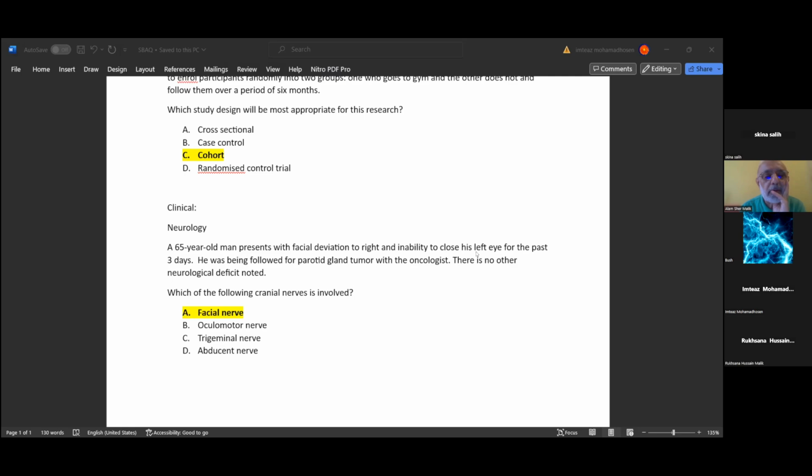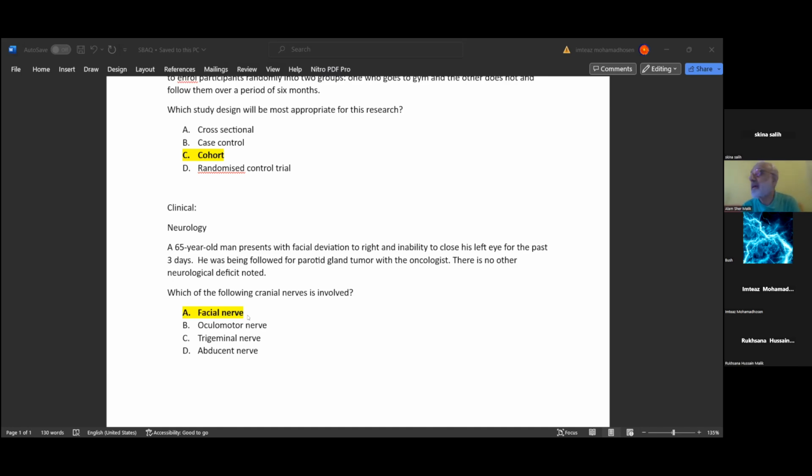The facial nerve is the only motor supply of the face. Because of the eye, we put cranial nerves 3 and 6, oculomotor and abducent, because of the inability to close the eyes, the orbicularis oculi, just to distract them. The third nerve supplies the extraocular muscles of the eyes, except the fourth and the sixth. So we put the sixth nerve as a distractor here.